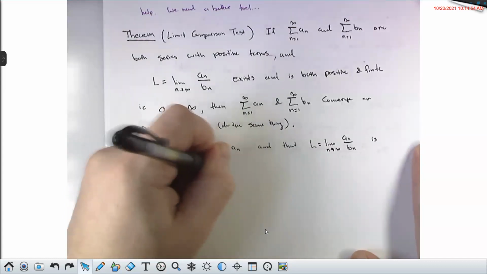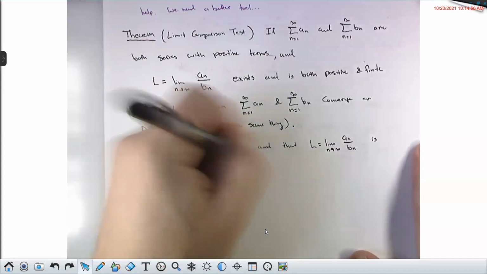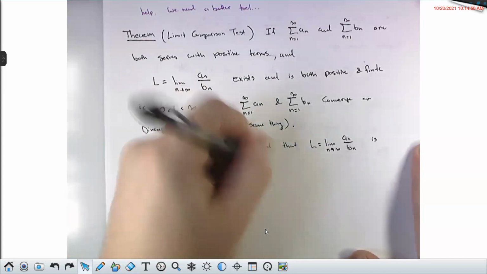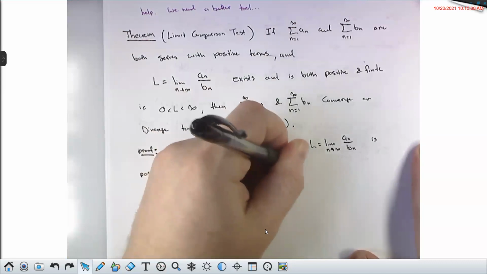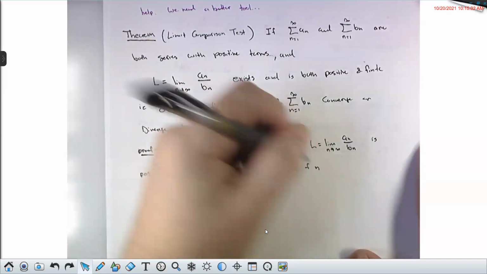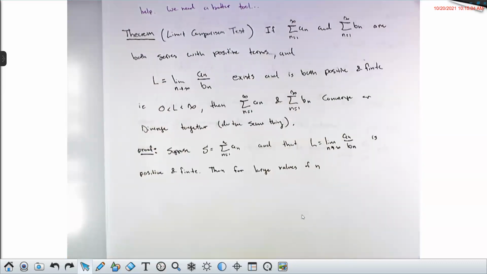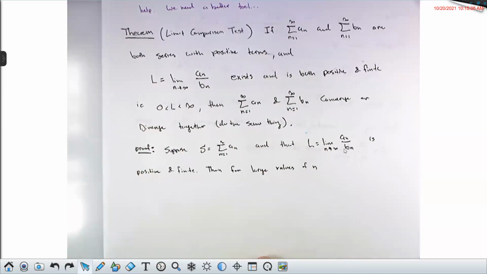Then for large values of n, what does it mean to say that the limit of an over bn is equal to L?